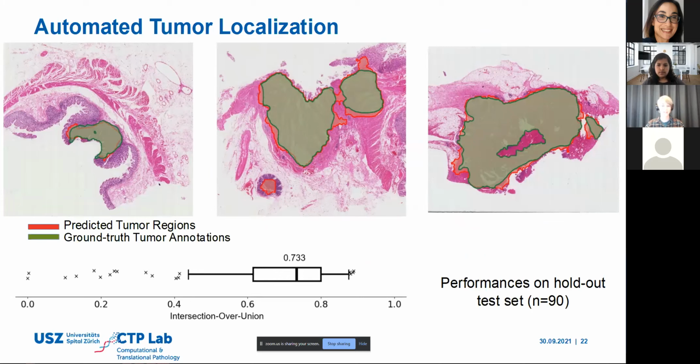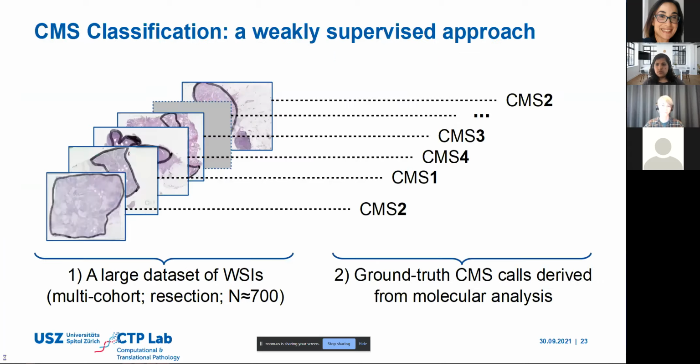And we validated this on an external test set with ground truth annotations made by a pathologist. And we had, as a result, a reasonable score, making this integration possible.